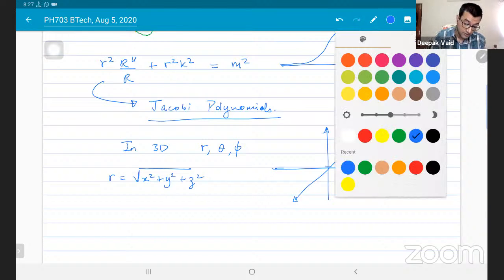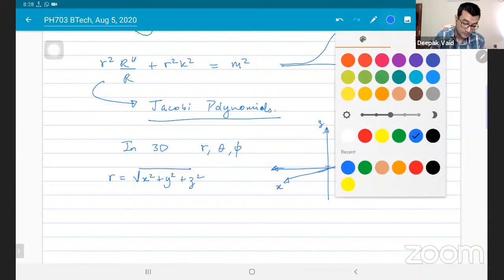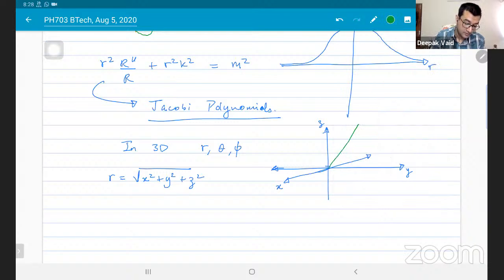So basically, if you have some point, some arbitrary vector, so this is x, y, z. So this is some vector r.